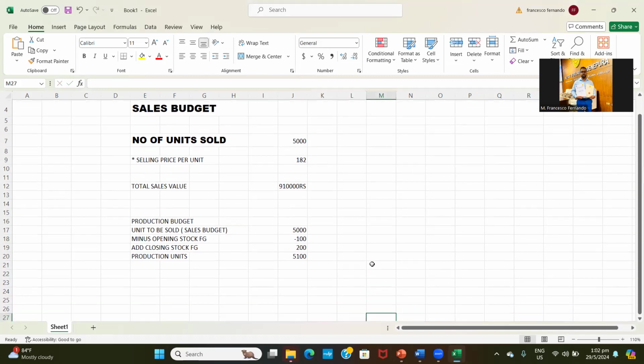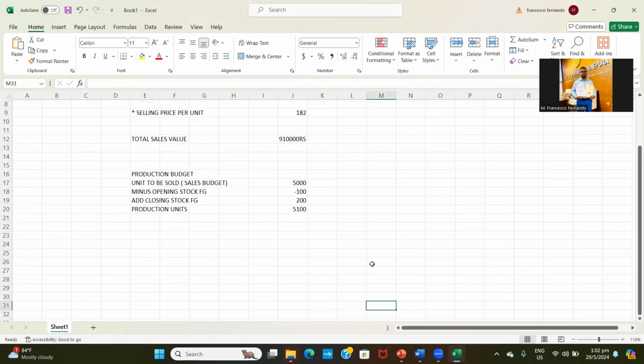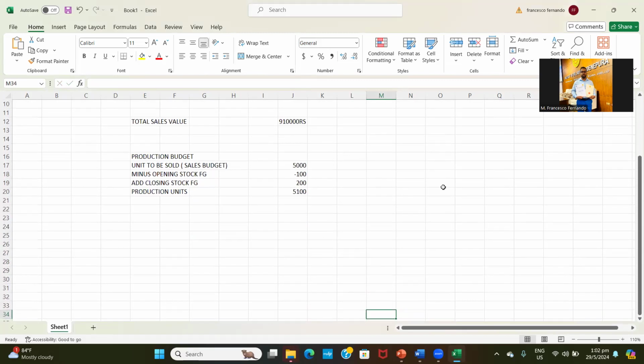Then moving forward, if you take the direct materials, there are two types of budgets. We have the direct material usage budget, and then we have the direct material purchase budget.